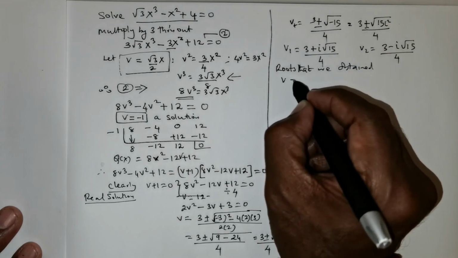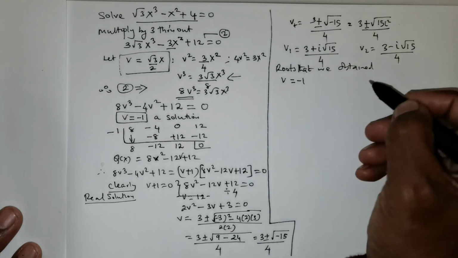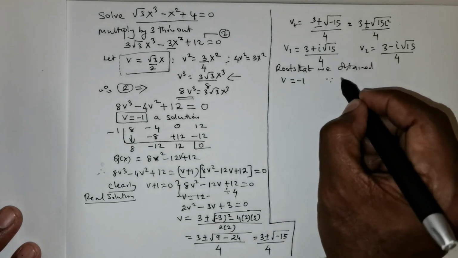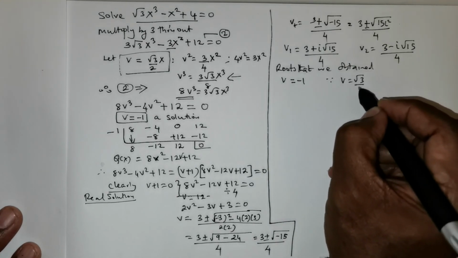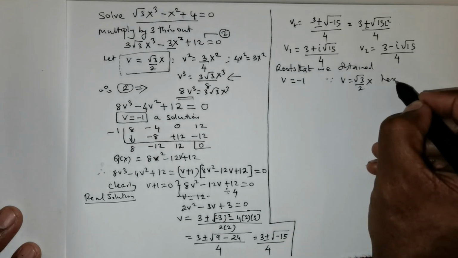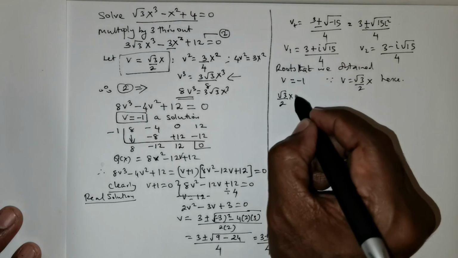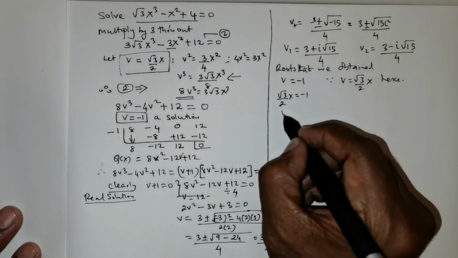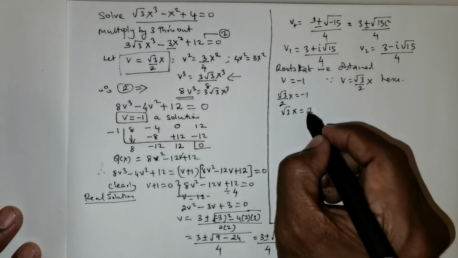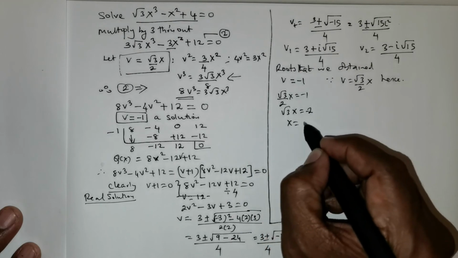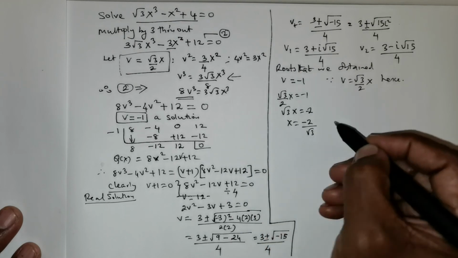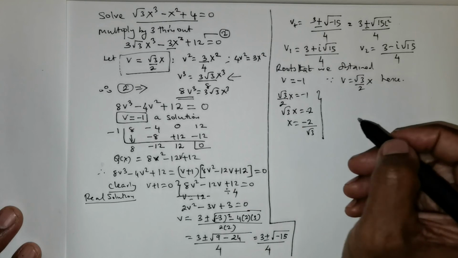V is equal to negative 1 is a root. Since V is equal to root 3 over 2 times x, we can rewrite this as root of 3 over 2 times x is equal to negative 1. So root of 3 times x is equal to negative 2. So therefore x is equal to negative 2 over root 3. So this is one root.